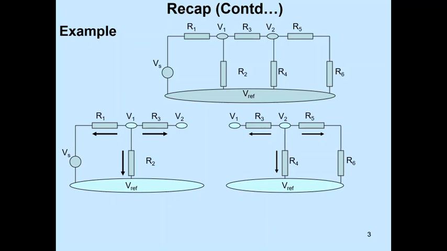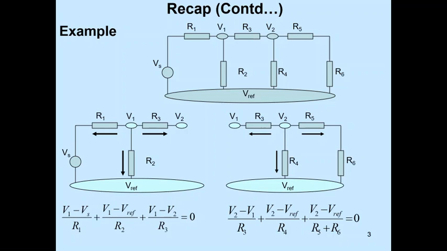From the first node V1, the node voltage equation is (V1 minus Vs) by R1 plus (V1 minus V reference) by R2 plus (V1 minus V2) by R3 is equal to 0.